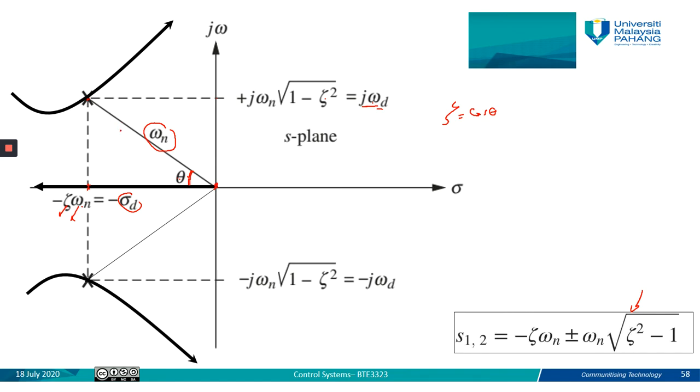After you have the final graph, from it you can find the value of zeta, the value of omega n, theta, sigma d, or real value of s, j omega d, or natural frequency. So this is how to use the root locus to calculate the different transient responses for the control system.